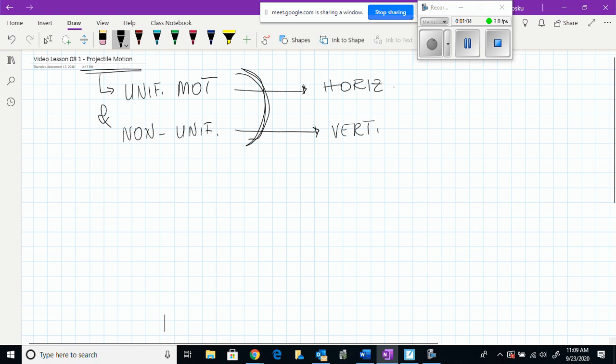When you are throwing an object at a certain angle, what do you see? If here is where you are and you are throwing an object at a certain angle, then the object follows a path that looks like this.